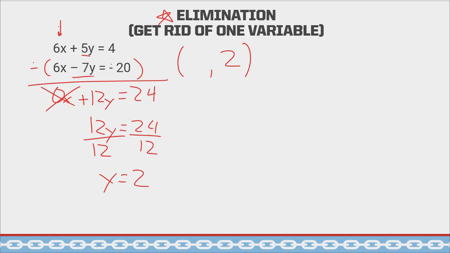And now we are just going to pick one of the two original equations and work to solve it for x. And it's kind of just a pick. Neither of these are super friendly, so I'm just going to go with the top equation. 6x plus 5y equals 4.